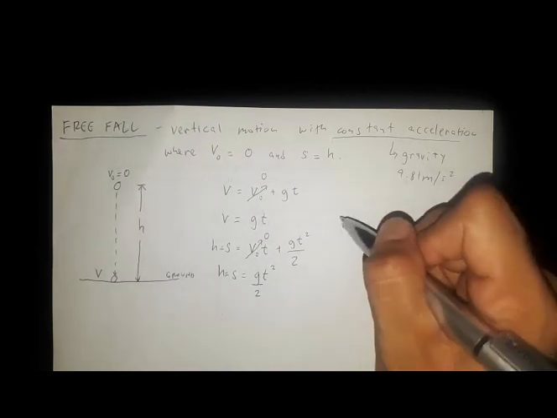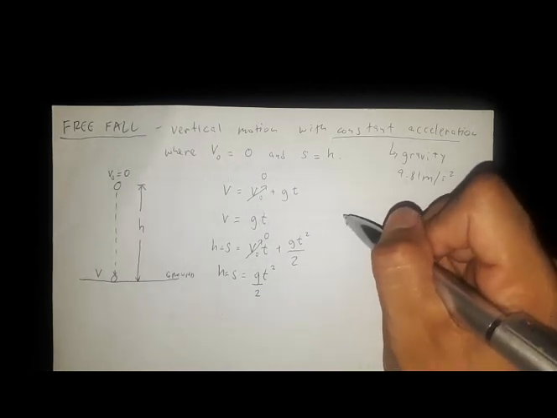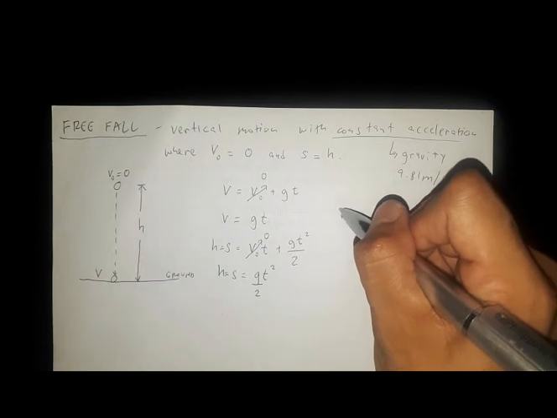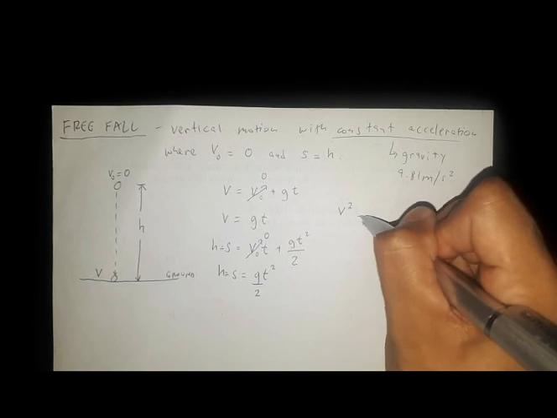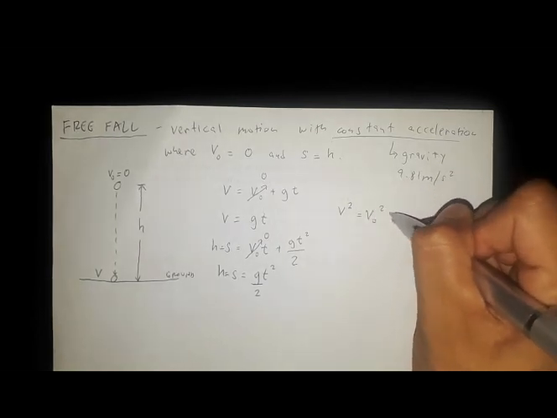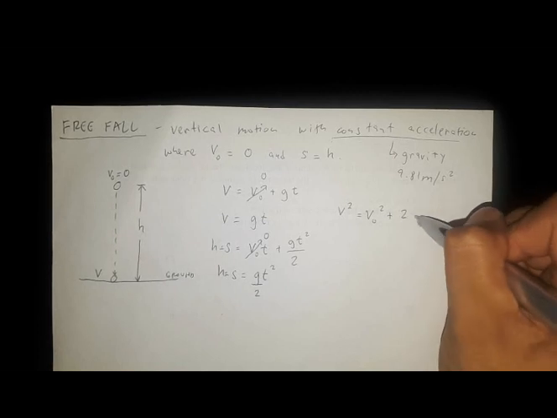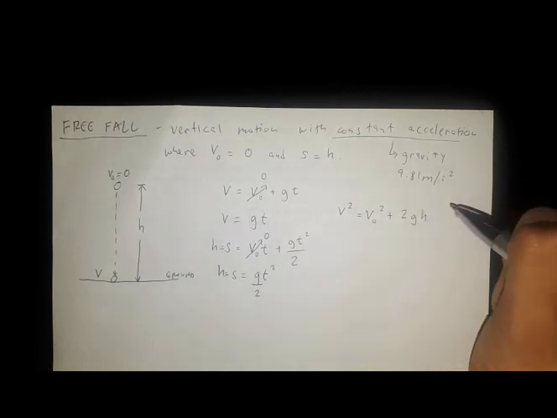And the next equation, for the velocity as a function of position, wherein the original equation is V squared equals V0 squared plus 2gh.